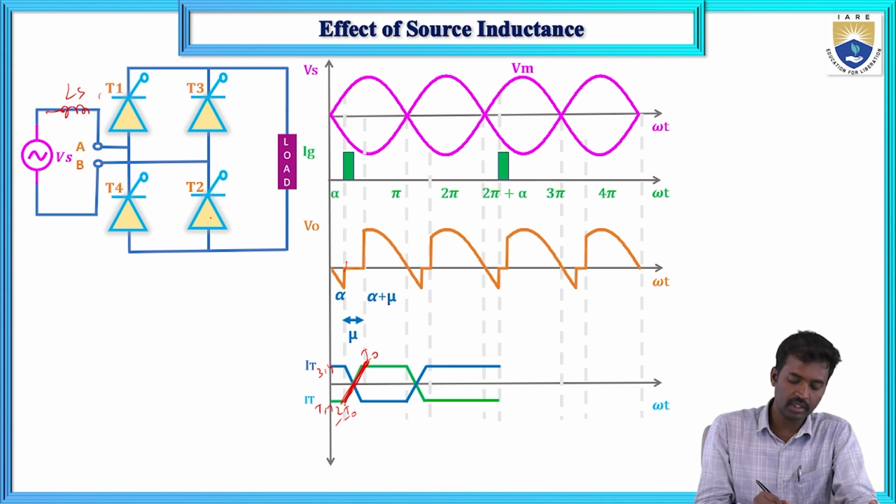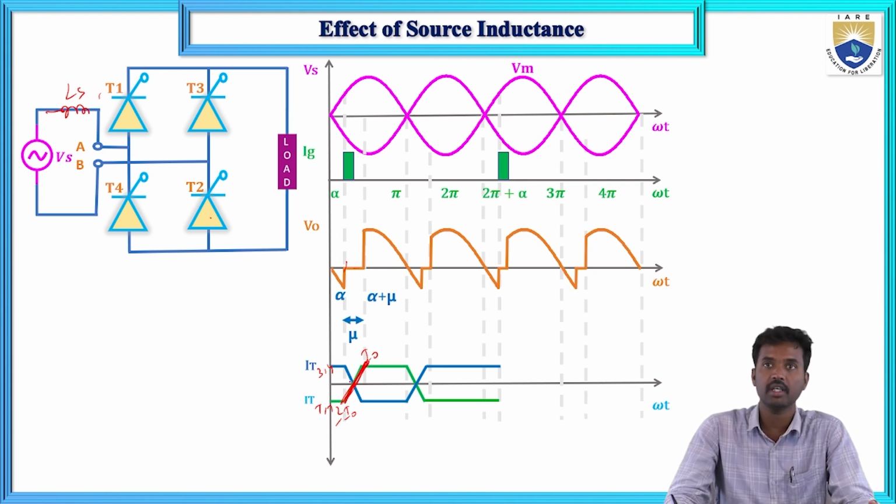It will not reach quickly from minus I naught to I naught. This is just because of the inductor. The inductor does not allow sudden changes in the current. That is the property of inductance.